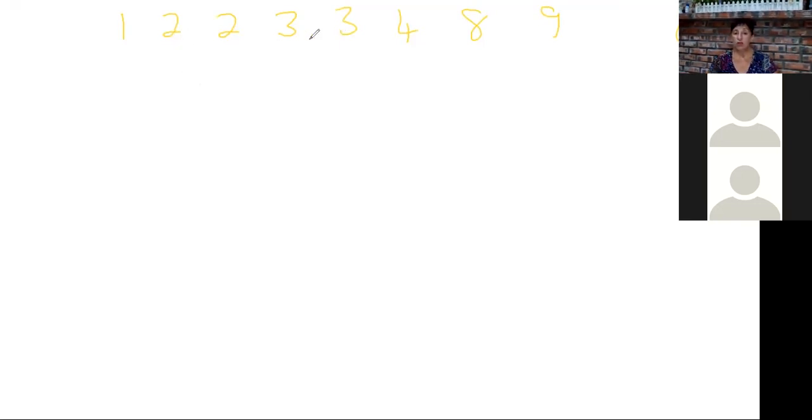The mode would be 2 and 3, the ones that occur the most. The mean you can do on your calculator like I showed you, or add and divide by 8. What I'm interested in here is the median, the middle. Now again, I can cancel from each side, but I'm going to use the more sophisticated method. So n is 8, which is even.